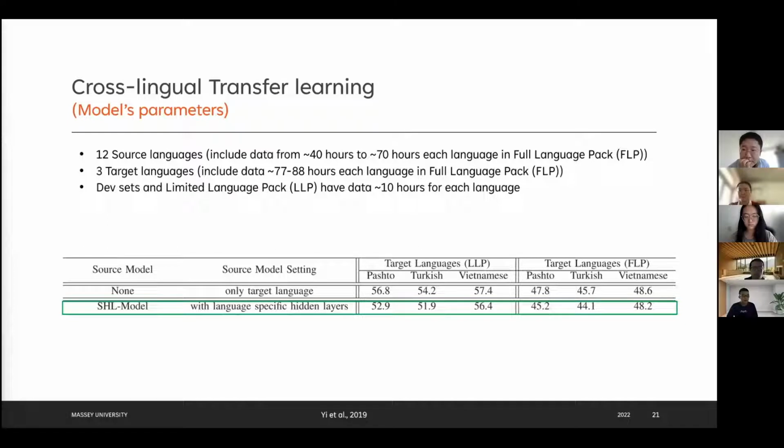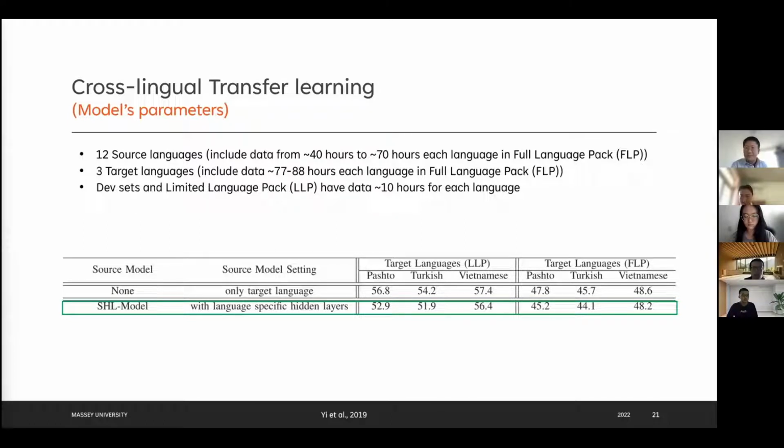Here in the results, we can see that with no transfer learning, the results are around 56 to 57 on LLP, which is the limited language pack. And on the full language pack, it is between 45 to 48.